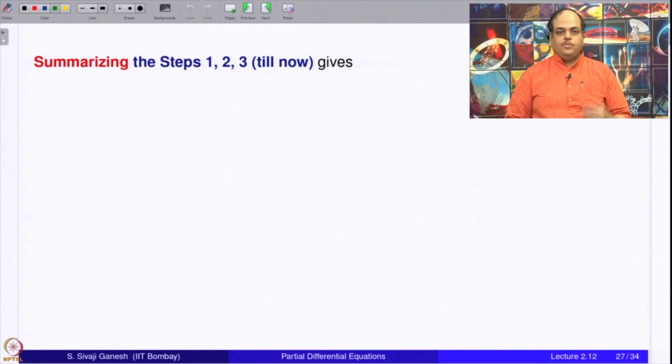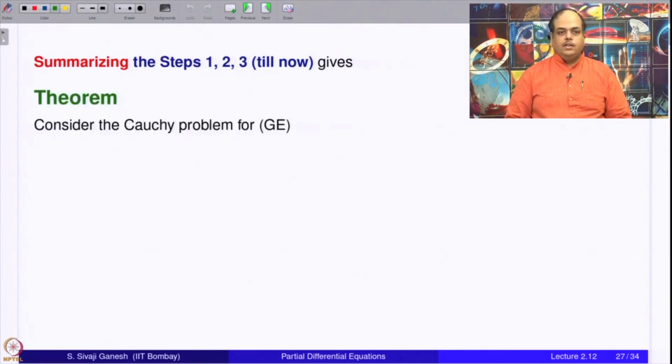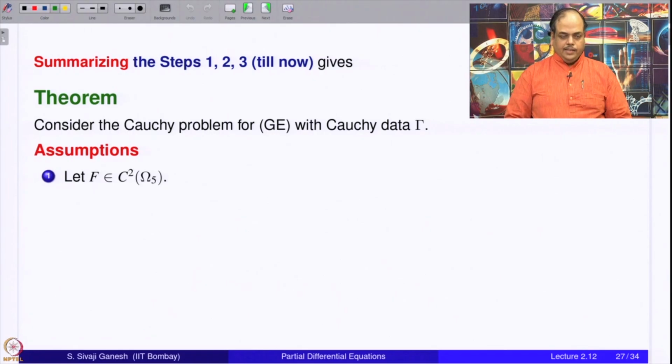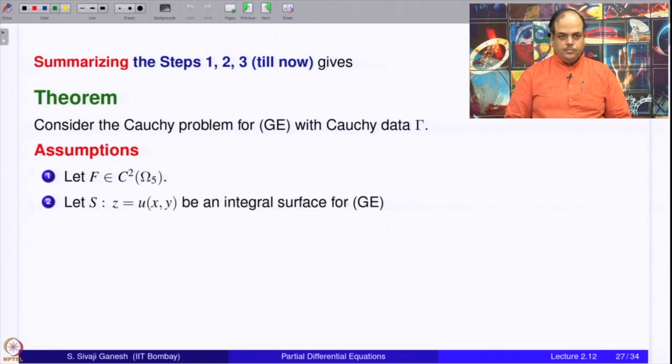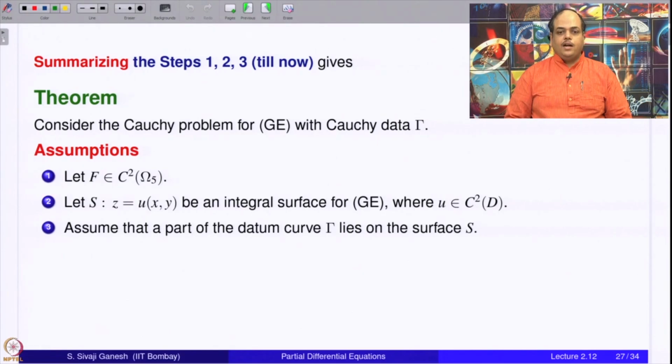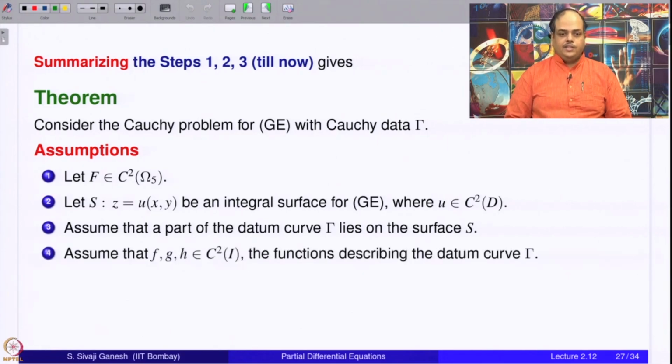So, summarizing steps 1, 2 and the third one, the little bit that we did so far, it gives us the following theorem. Consider the Cauchy problem for a general nonlinear equation with Cauchy data. Assumptions: f is C2. Let S be an integral surface for this general nonlinear equation where u is a C2 function. Assume that a part of the datum curve lies on the surface S. Assume that F, G, H are C2 functions which describe the datum curve.